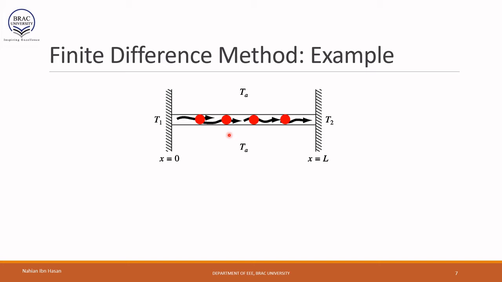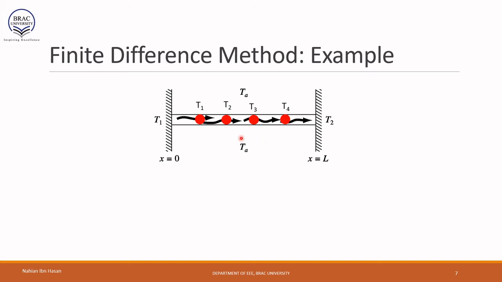What I am going to do is apply equation 1, the difference equation that I derived from the original second order differential equation, at these four different nodes individually. Let's say I apply equation 1 at this first node. At the first node the temperature is T1, at the second node the temperature is T2, and similarly T3 and T4 are defined.